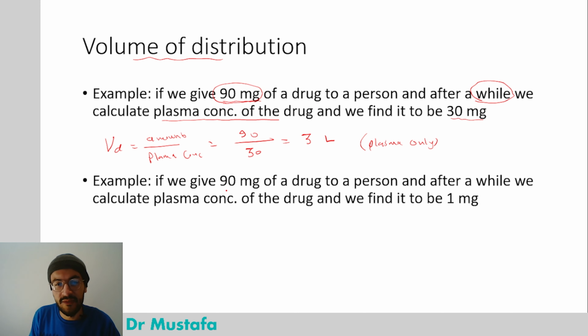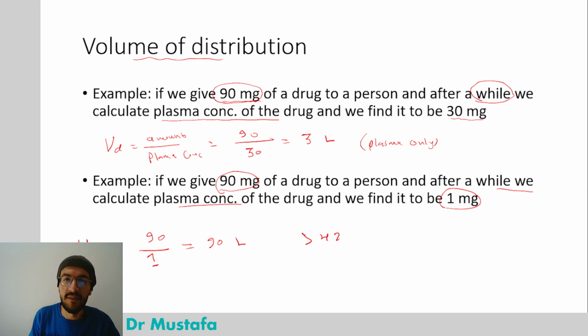The other example is that we give 90 milligrams of another drug, also intravenously, so all available for distribution, and after a while we calculate the plasma concentration and find it to be 1 milligram. We do the calculation, so VD would be 90 over 1, which is 90 liters, and that is greater than 42, which is all the body fluid available, meaning this drug will distribute to the plasma, to the interstitial fluid, and into the intracellular fluid.